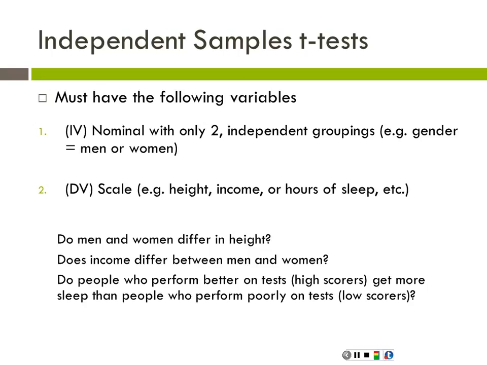So it has to be a nominal variable, and it can only have two categories. So we can look at things like men versus women, short versus tall, high versus low, early versus late. Basically any type of category that only has two levels. So that's one constraint. But it's okay because we are actually interested in a lot of variables that only have two categories.